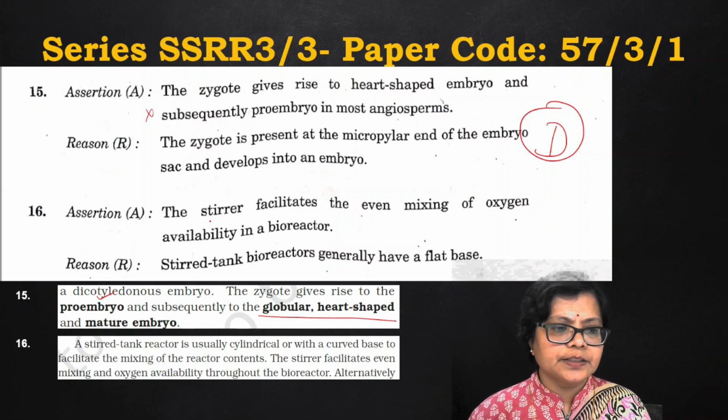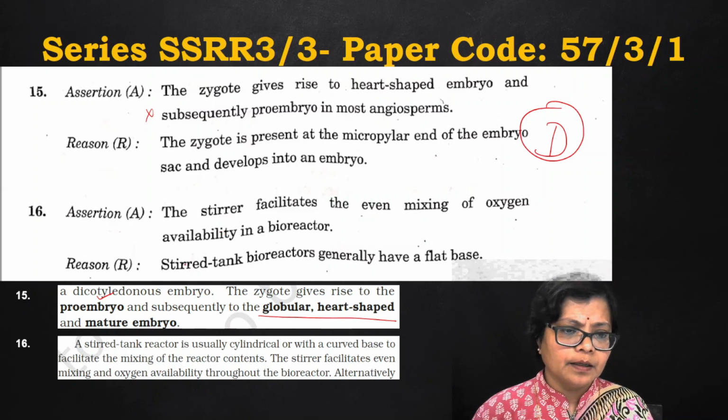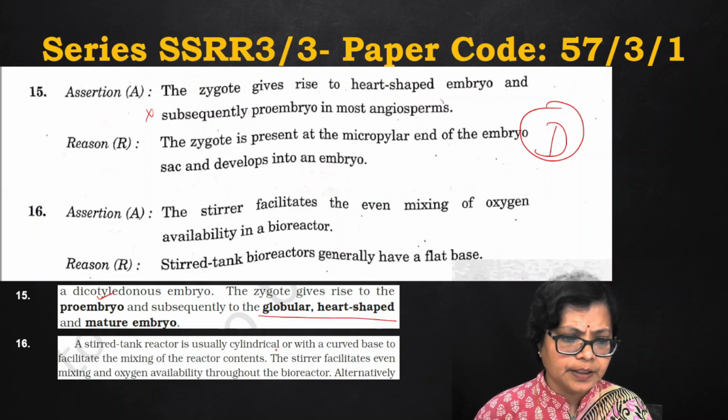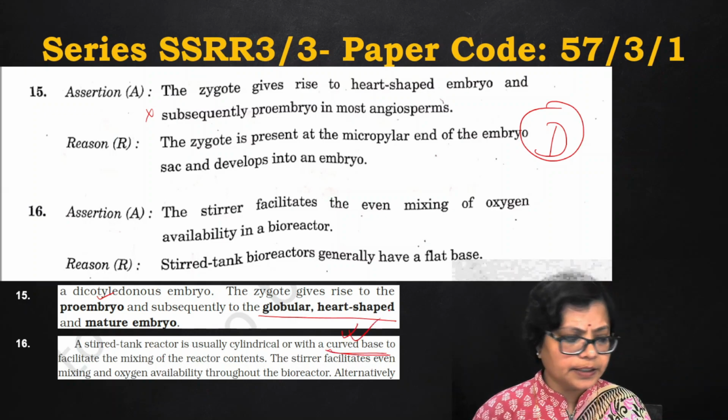Now the question number 16. The stirrer facilitates the even mixing of oxygen availability in the bioreactor. It is true. Stirred tank bioreactors generally have a flat base. No, it does not have a flat base. It has a curved base. NCERT book line.